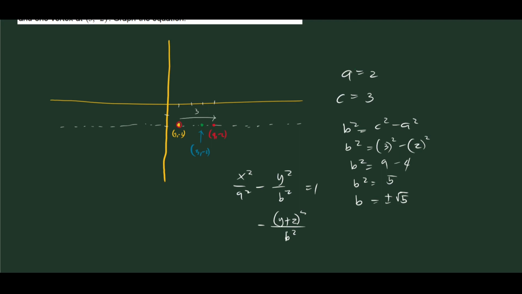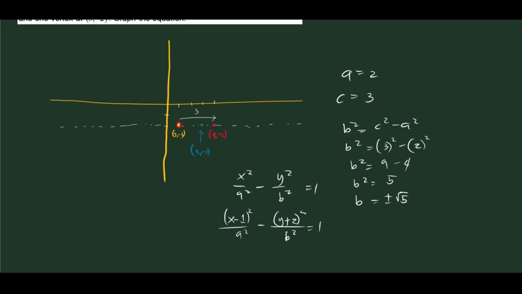From the origin, the center is moved 1 unit to the right. So if it is to the right, then it is actually minus 1 squared all over a squared is equal to 1. Okay, so this is now our format here, the shifted hyperbola.